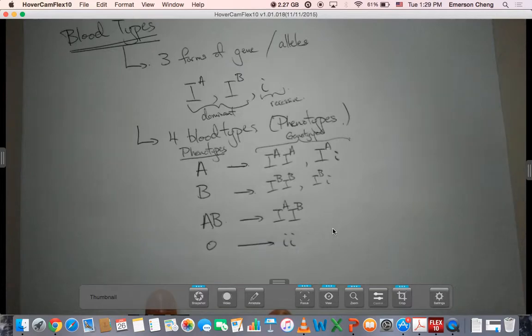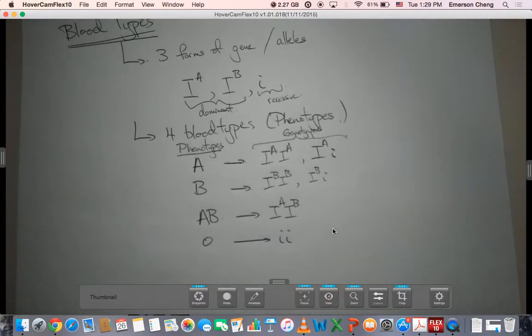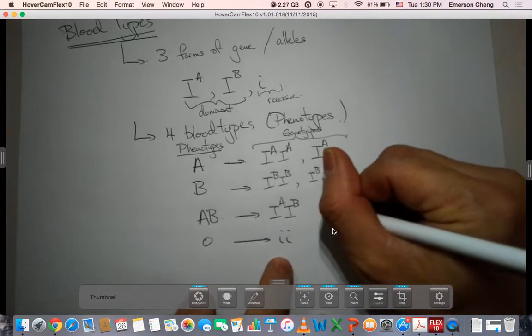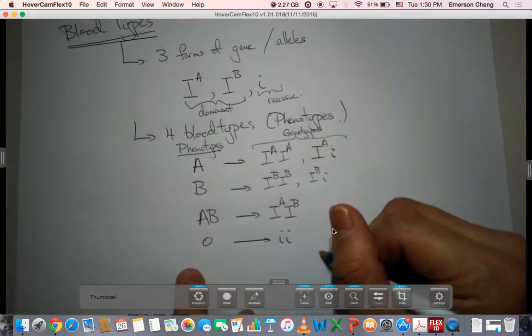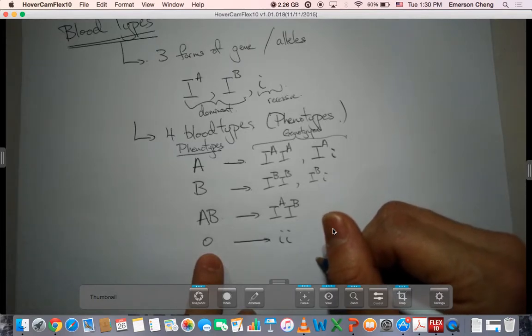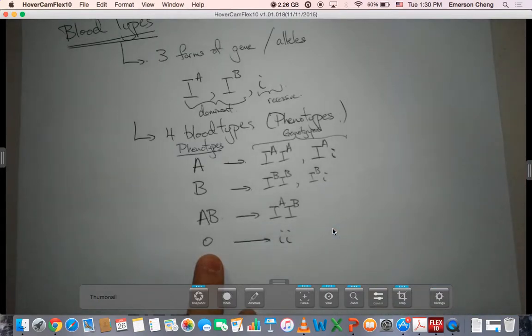Now, what happens is this. Slightly off the syllabus, but it was in the old syllabus, I believe. People who have blood type O don't code for any antigens in their blood.